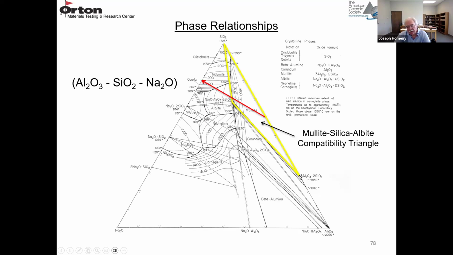So we connect mullite, silica, and albite in a compatibility triangle. Our initial composition is here. So when we cross into this phase field, it's going to have to be mullite, silica, and albite.